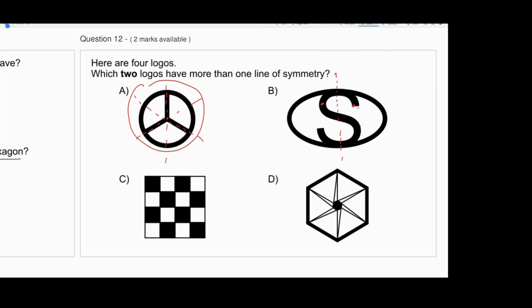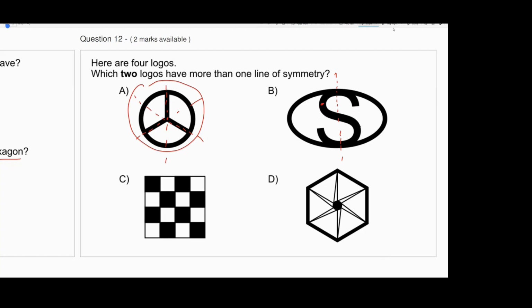If it was like an 8, if it was a figure 8, if I can somehow draw that. If it was like this, it would. Yeah, if it was something like that, it would have a line of symmetry there. In fact, it would have two, but because it doesn't have those parts, it doesn't have a line of symmetry, I don't think. I think C actually does, though, right?